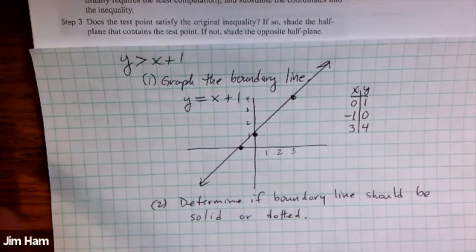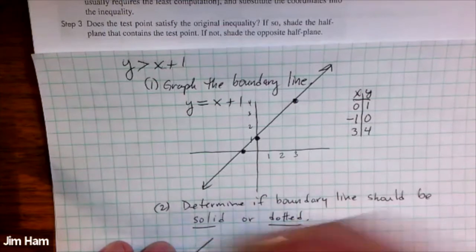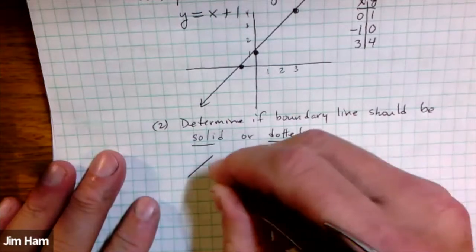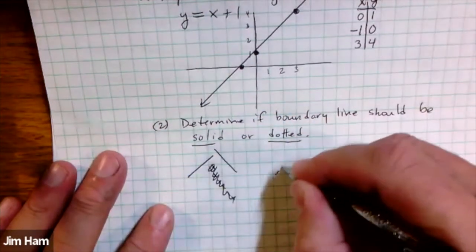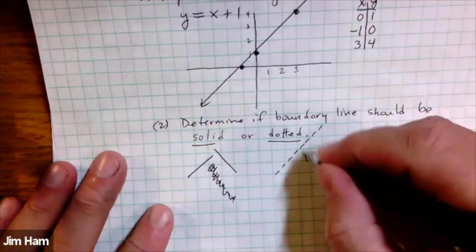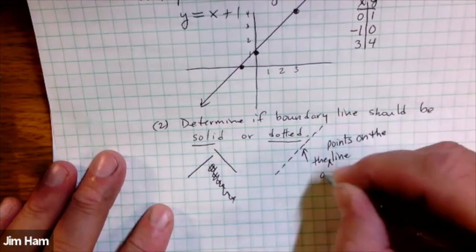A solid line would be like this, or like this, something like that. And a dotted line would be something like this. The difference is that with a dotted line, the points on the line are not solutions.